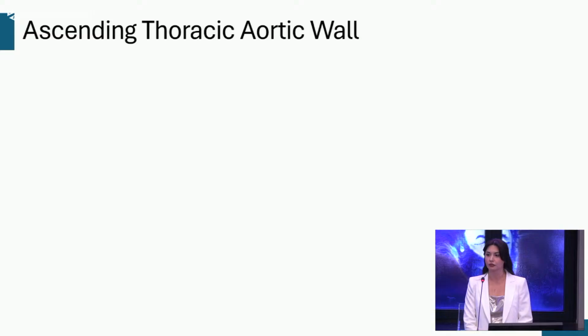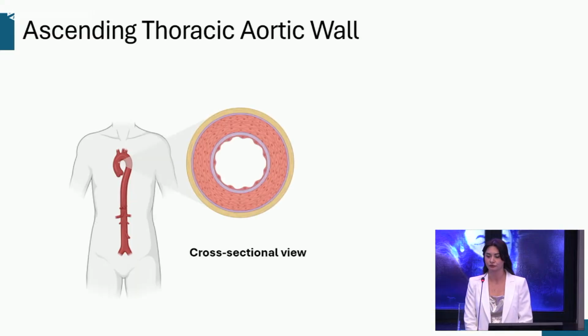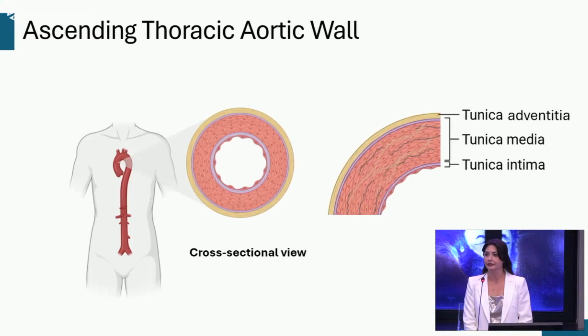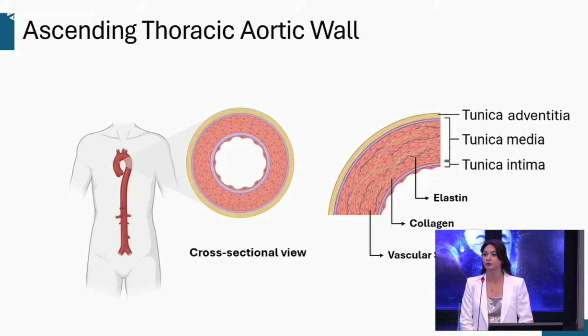Now, let's look at the cross-sectional view. Here we can find 3 main layers. Intima, which is the inner layer of the aorta, media, the middle layer, and adventitia, which is the outer layer. My research was mainly focused on the media layer. So let's zoom in here. We can find here building blocks, such as elastin, which is responsible for the elasticity, collagen that gives strength, and vascular smooth muscle cells.